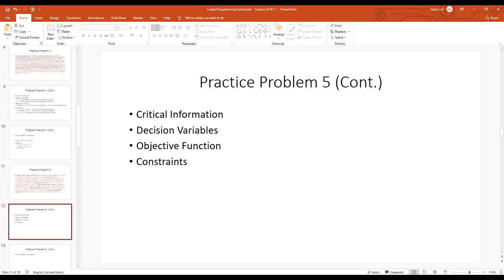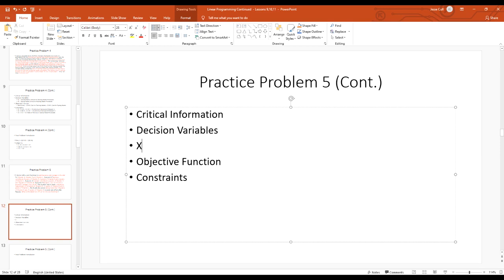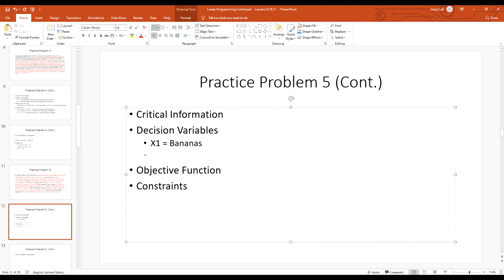So our decision variables become x1, bananas, and x2, oranges.